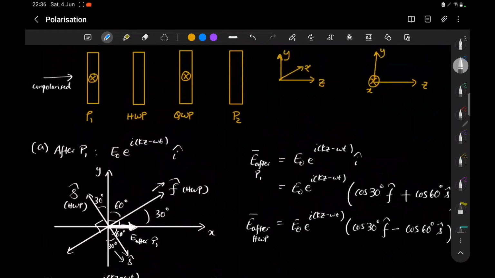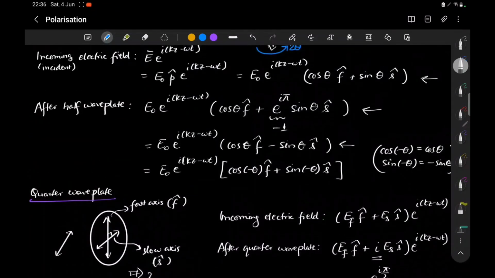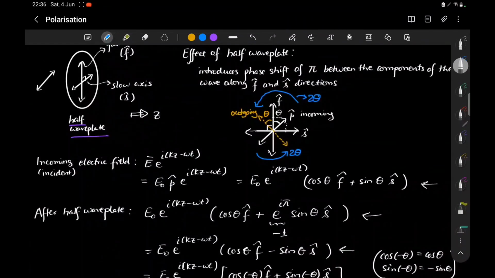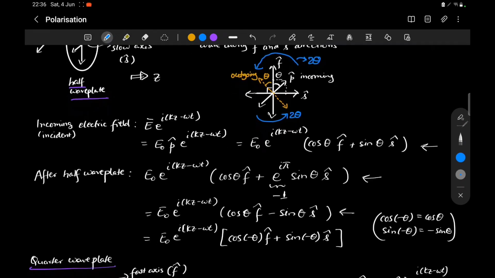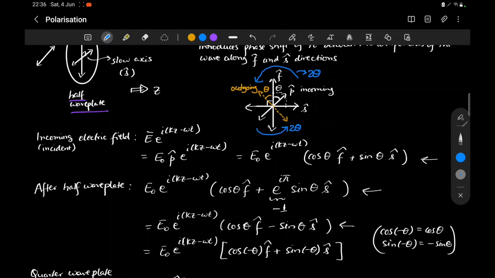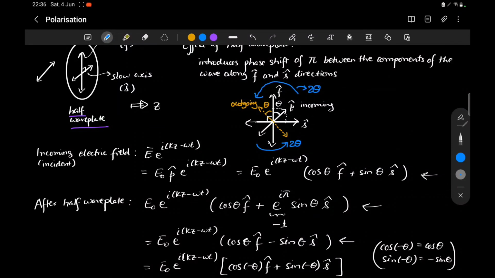If we see the previous statement, the effect of a half wave plate is to introduce a phase shift of pi between the F and S components, and that essentially makes theta go to minus theta. It's kind of like reflecting the theta. So we see that it causes a 2 theta rotation of the incoming electric field.